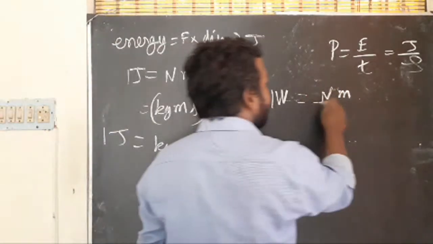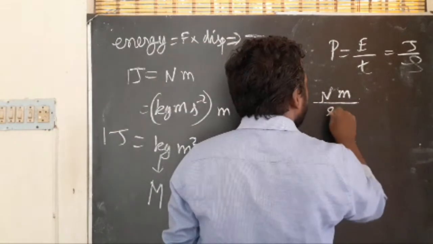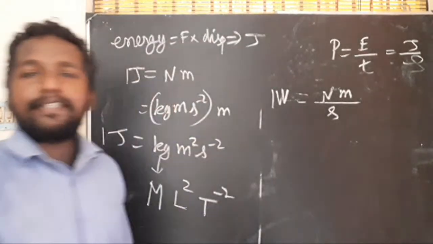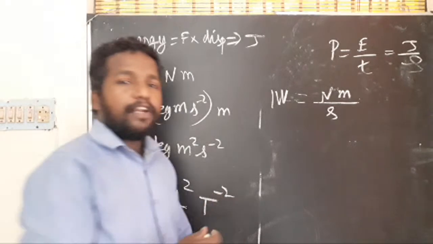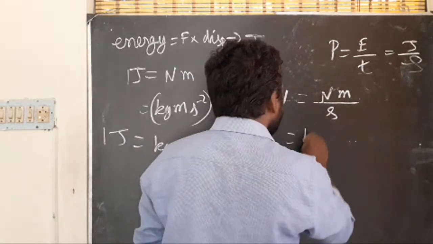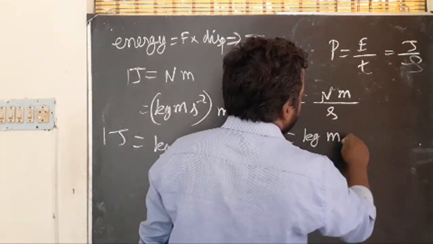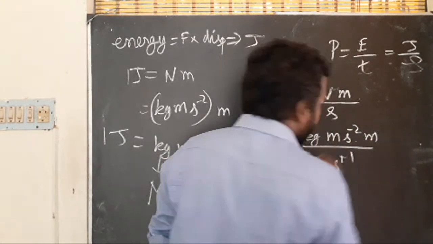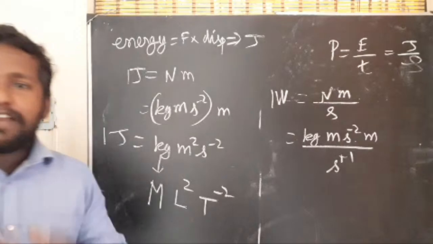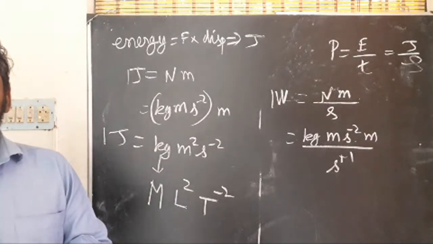Joules will be Newton meter, time is going to be the second. Like this we can write the power unit. We already know what Newton is. Newton is kg meter second minus 2 into meter divided by second plus 1. If we take second from the denominator to the numerator, we'll get second minus 1.